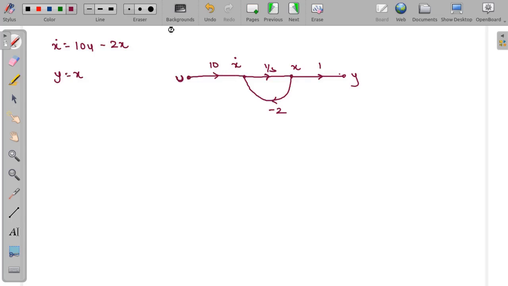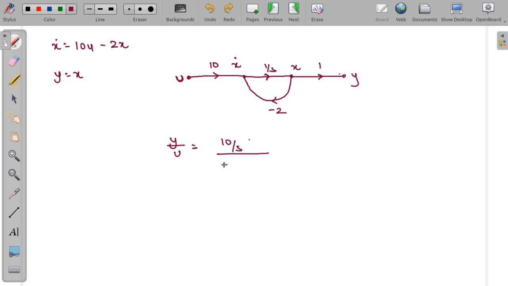So this is the SFG of the given diagram, and from this SFG, if you calculate the transfer function, y by u is equal to what? The forward path is 10 by s. The coefficient of the forward path is 1, because if I remove this path, there are no loops left.